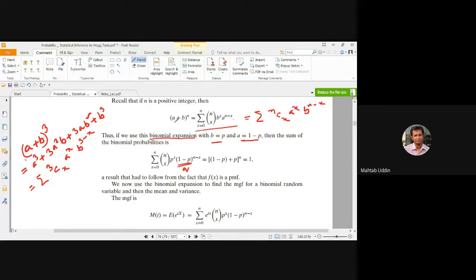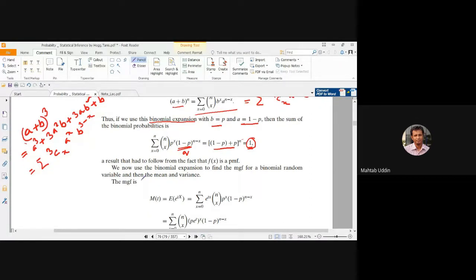Then according to this, you can write (a plus b), that is (1 minus p plus p) to the power n. Now p cancels. 1 to the power n is what? 1. That's why, since this is the total probability, the total probability is 1, the PMF we have taken for this distribution is valid.